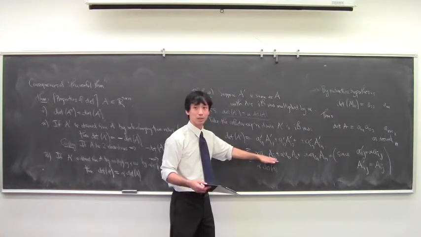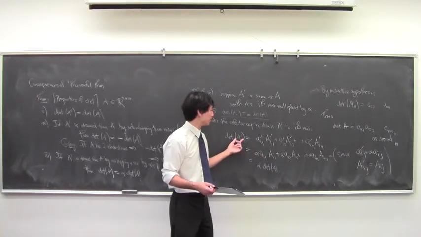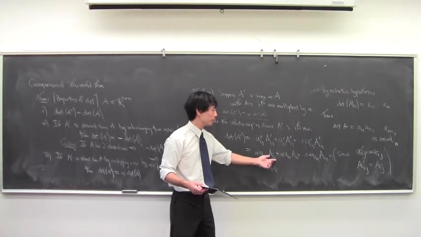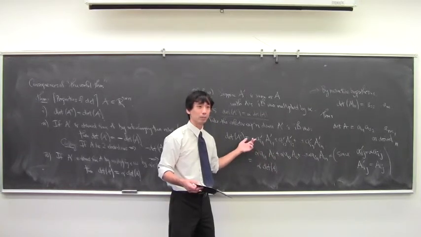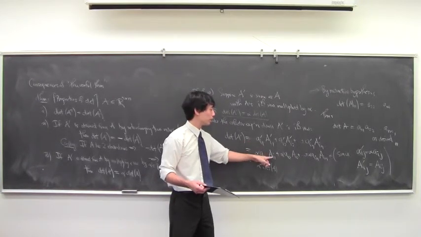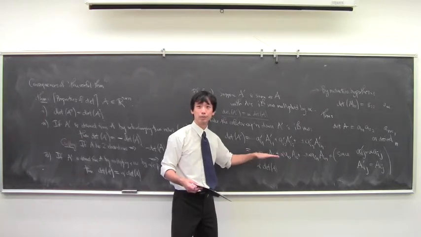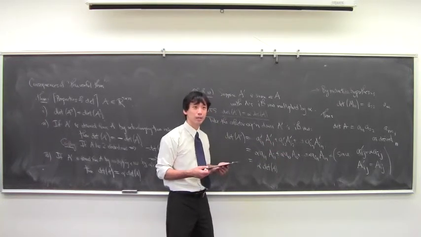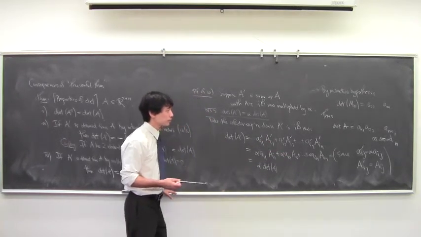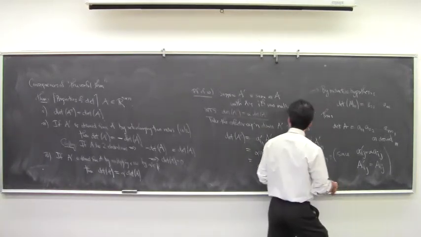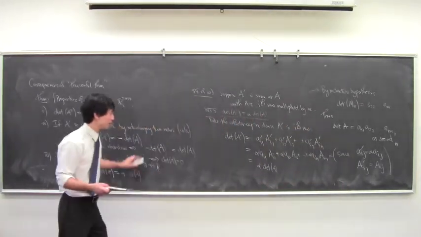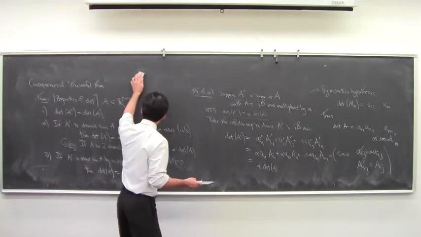But the minor matrix of A prime and the minor matrix of A are the same thing, because we eliminate the ith row, which is the only row that's different. Okay, maybe I've talked too much about that.